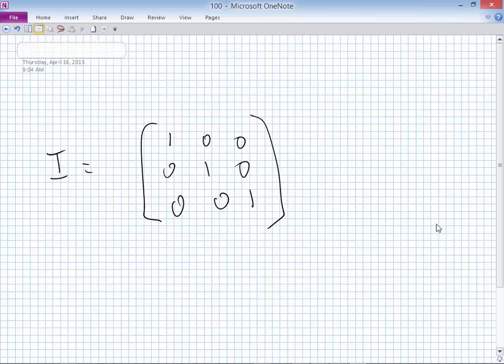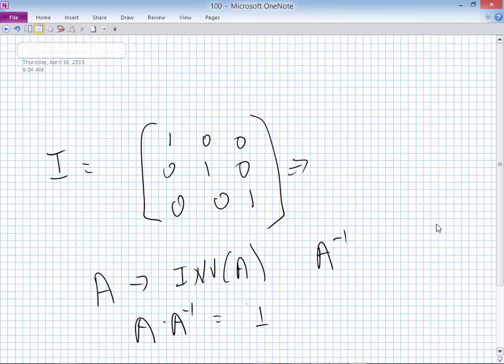So given the identity matrix, I can take a matrix A and find its inverse, written as A minus 1, where A times A minus 1 equals the identity matrix.